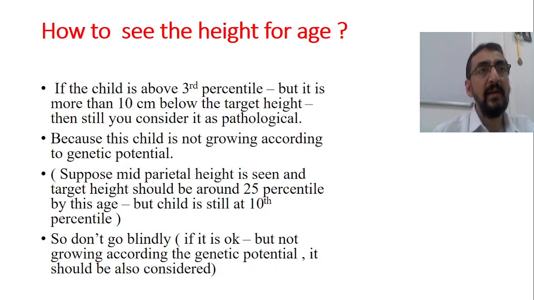Now, if that boy is 130 centimeters, example I am telling, it is not exact, 130 or 125 centimeters, that means it is 15 centimeters less than the target height.